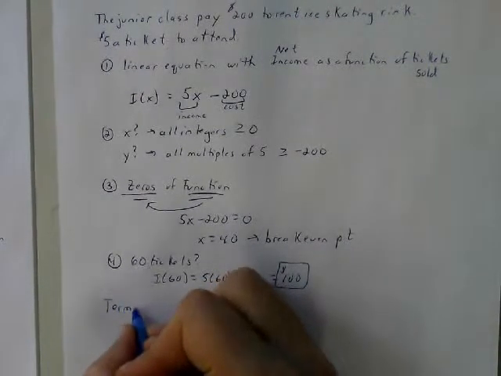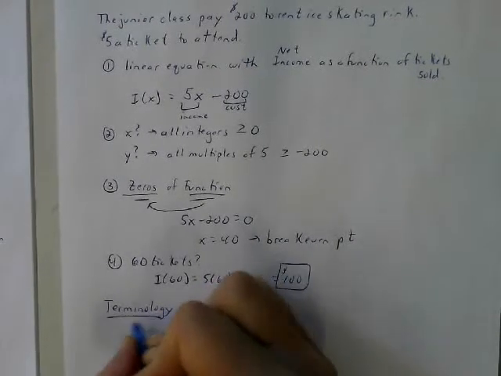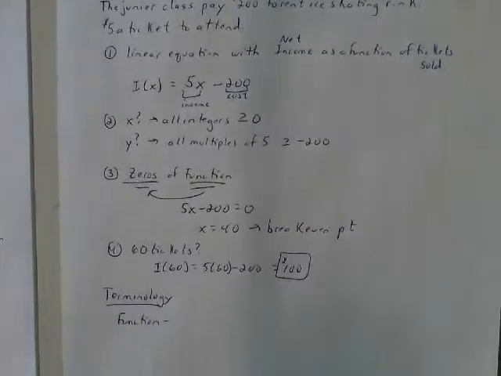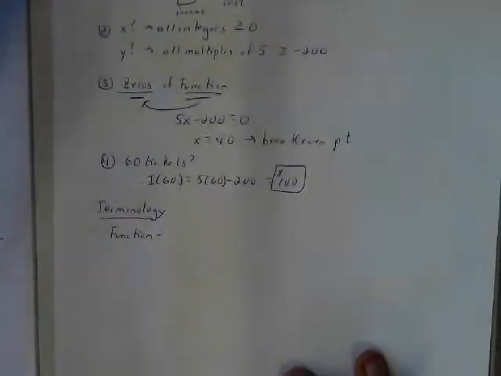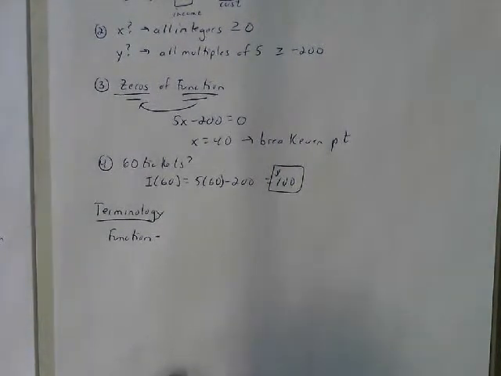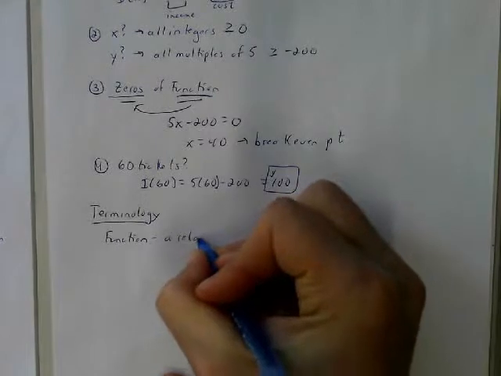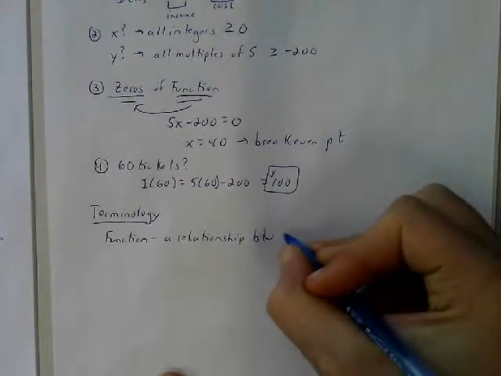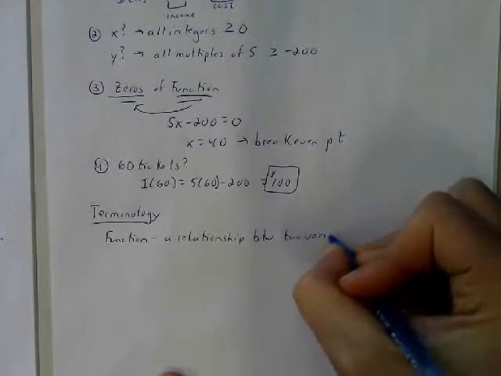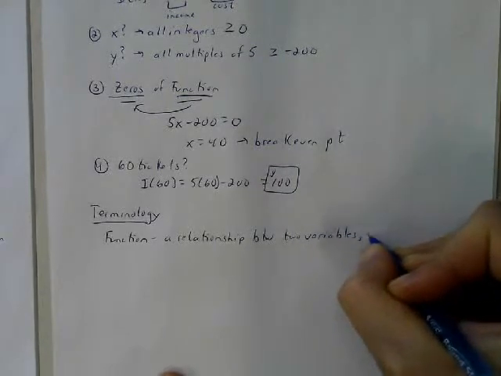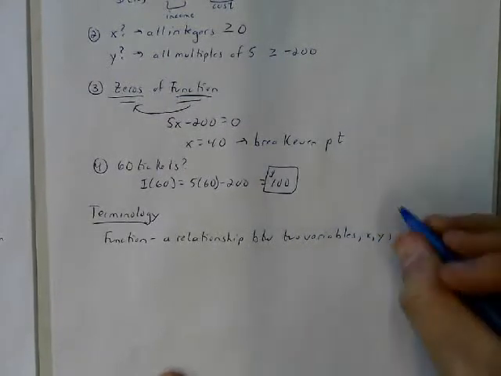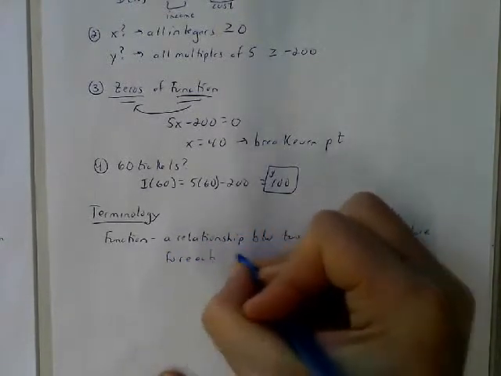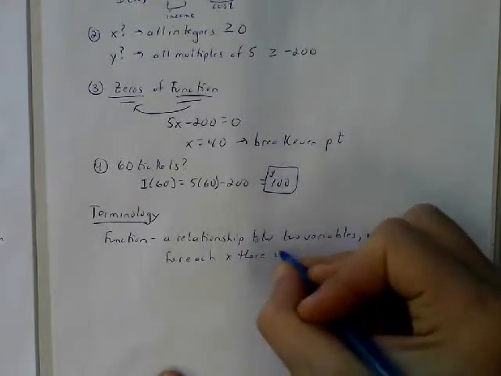So here's our terminology for this section. Number 1, a function. Functions are discussed later in this year, but you should have a good understanding of what it is. It is a relationship between two variables, and obviously we use x and y, where for each x there is no more than one y.